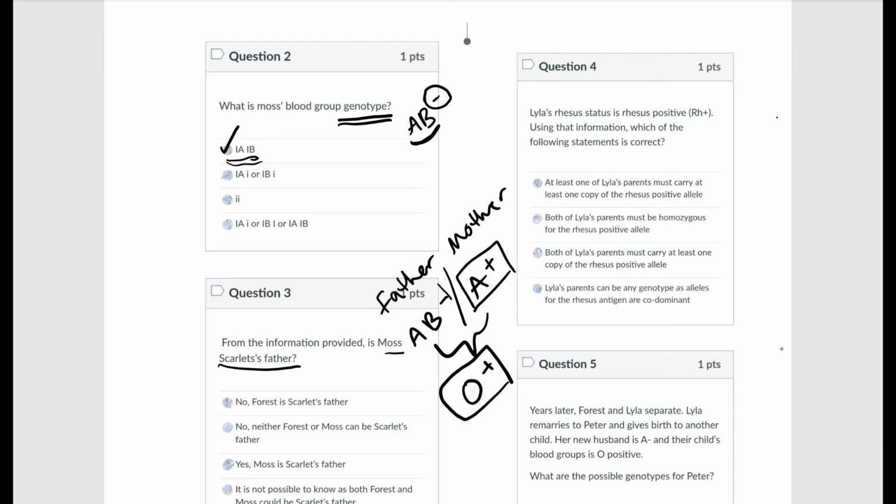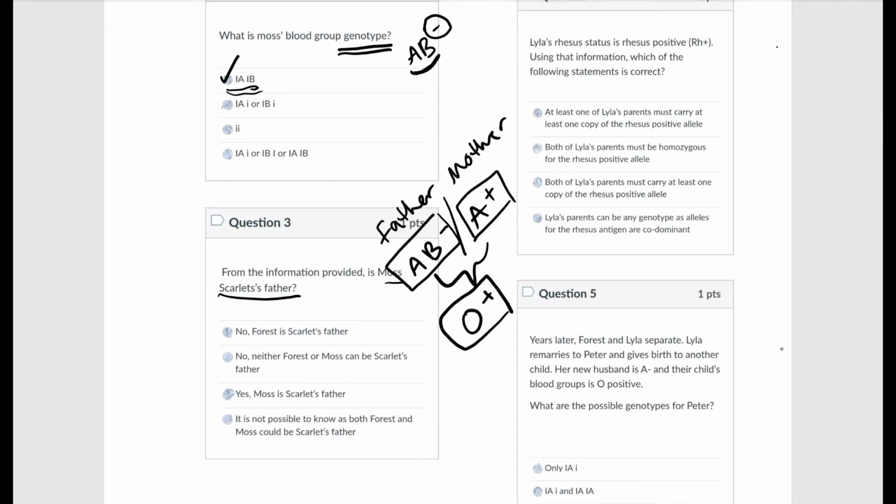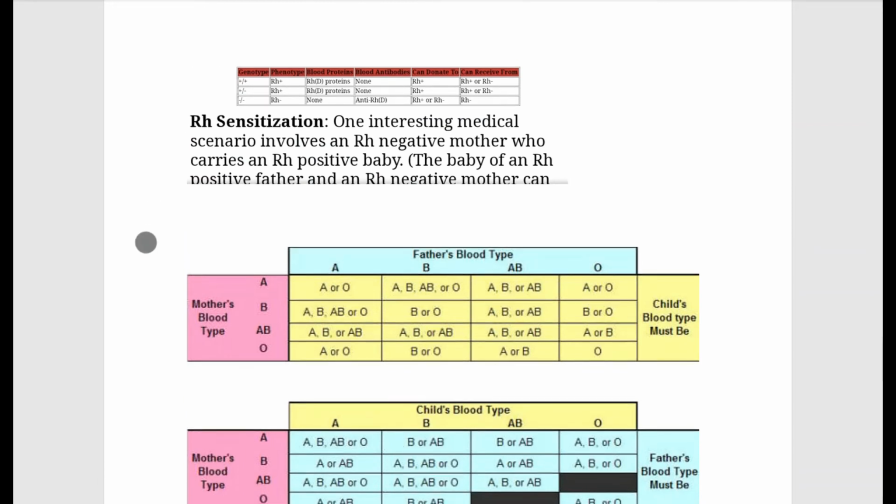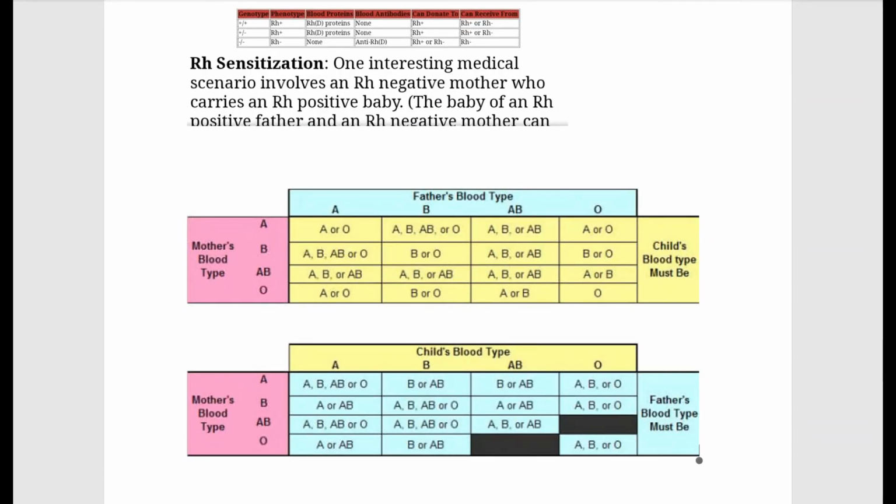So we have those two blood group combinations, and we're asking ourselves, can it give us this one? So if we come here, we have this table here. It tells us the possible combinations. It's almost like a blood type calculator. So we said Moss was, actually let's go to the father.